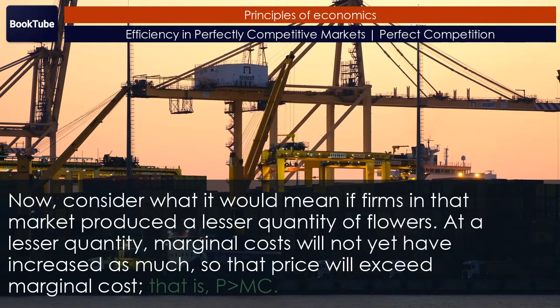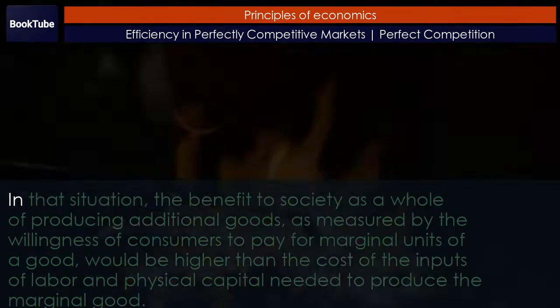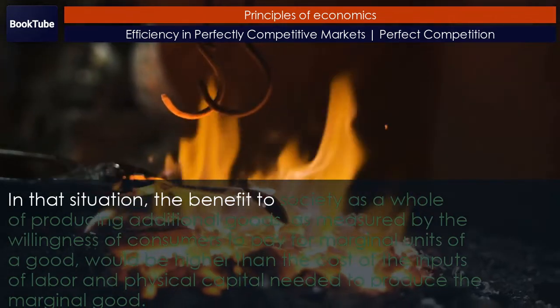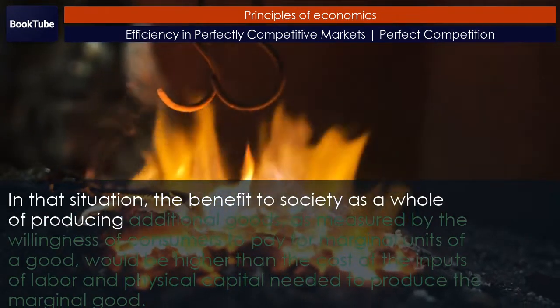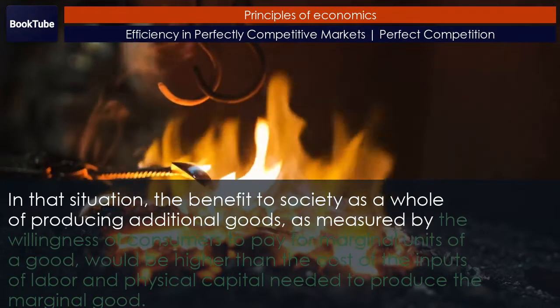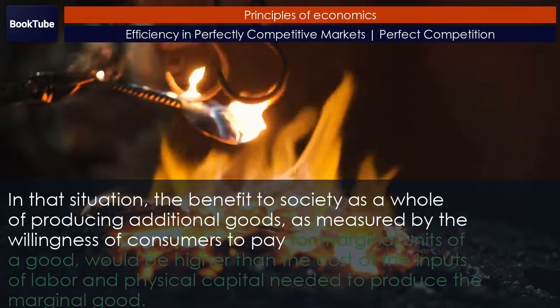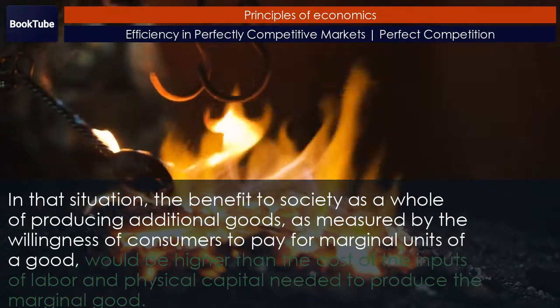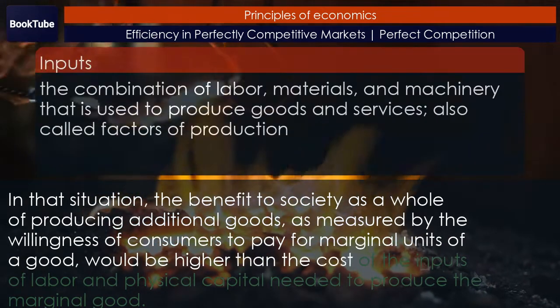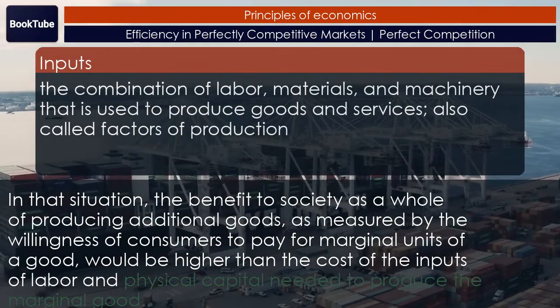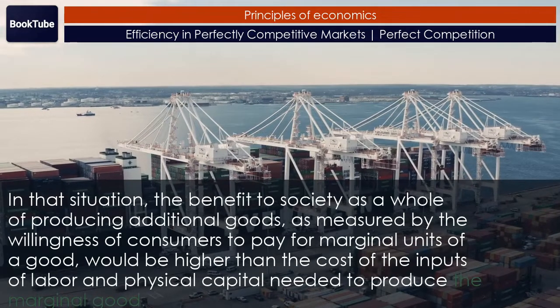That is, P greater than MC. In that situation, the benefit to society as a whole of producing additional goods, as measured by the willingness of consumers to pay for marginal units of a good, would be higher than the cost of the inputs of labor and physical capital needed to produce the marginal good.